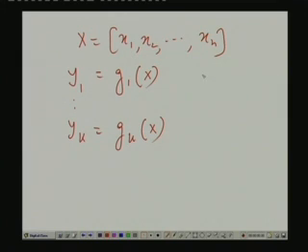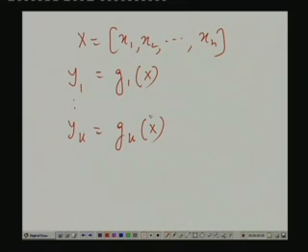We have already tackled this problem when n was 2, that is for the case of 2 random variables. That time we took 2 functions g 1 and g 2, okay. But now it is the general case, we have k functions. Obviously, there are 3 choices possible, k can be less than n, k can be equal to n, and k can be greater than n.